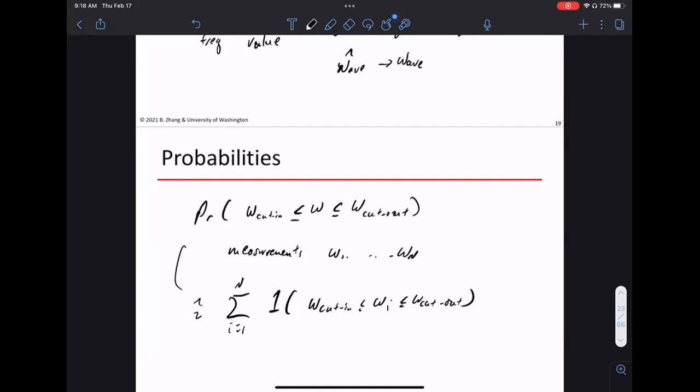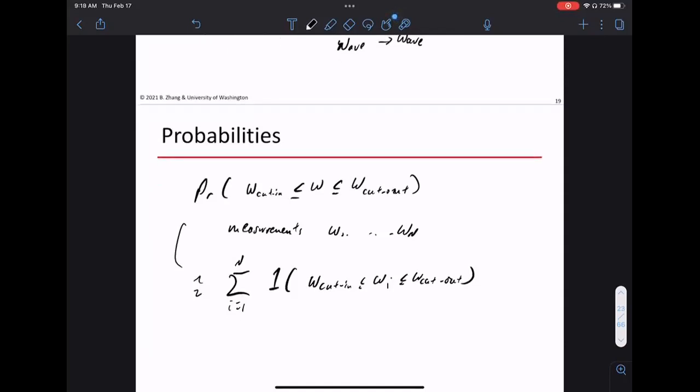This is the indicator. It just means it takes a value of 1 if the condition is true, and takes a value of 0 if the condition is not true. That's how you program this kind of thing. So this is a 1 if the condition is true, 0 if false. This is the way to estimate this type of probability.